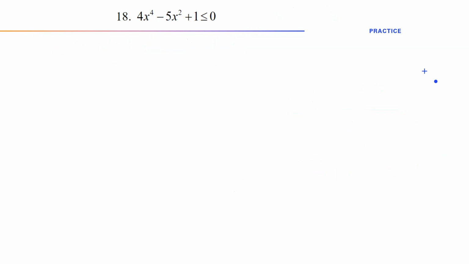Okay, number 18. How many critical values do we have? 4, because the degree is 4. Remember, we can do u equals x squared, and you're going to have something like 4u squared minus 5u plus 1, less than or equal to 0.